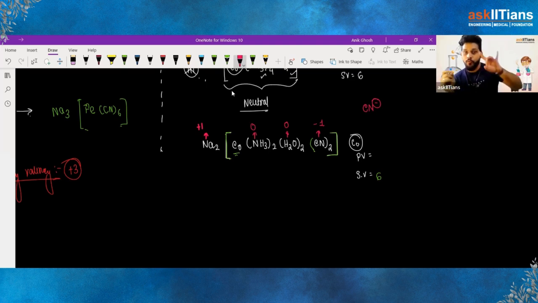If you notice, guys, whenever a ligand ends with ide, ite or ate, in those 3 situations, you can consider that it is going to be an anionic ligand, right? But yes, it would be difficult to tell whether it is -1 or -2 or -3. That, guys, you have to know for a fact. But generally, we can say that this is an anionic ligand, this is a neutral ligand, this way.